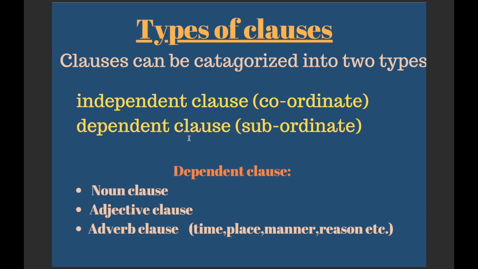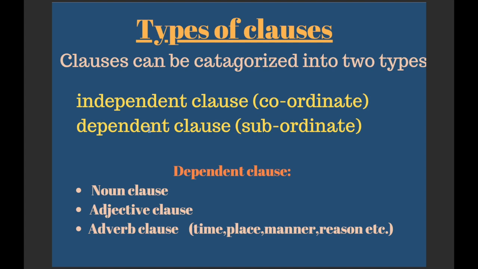Now, the second type is dependent clause, or it is also known as subordinate clause. As the name indicates, dependent. The word dependent means when someone is dependent on other, when we depend on other to fulfill our need, so we will be termed as dependent. Similarly here, the clause which cannot stand on its own, that is, which cannot justify its meaning alone, has to take the help of main clause or principal clause to stand.